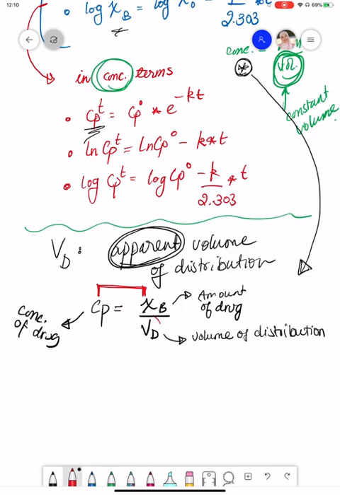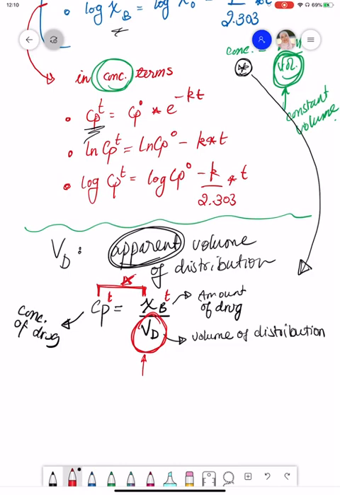That's why it's a proportionality constant; its purpose is just to relate the concentration that is measured in the systemic circulation and the amount of the drug in the body at a certain time. So it's a math factor that relates what is measured in the systemic circulation with the amount of the drug in the body.